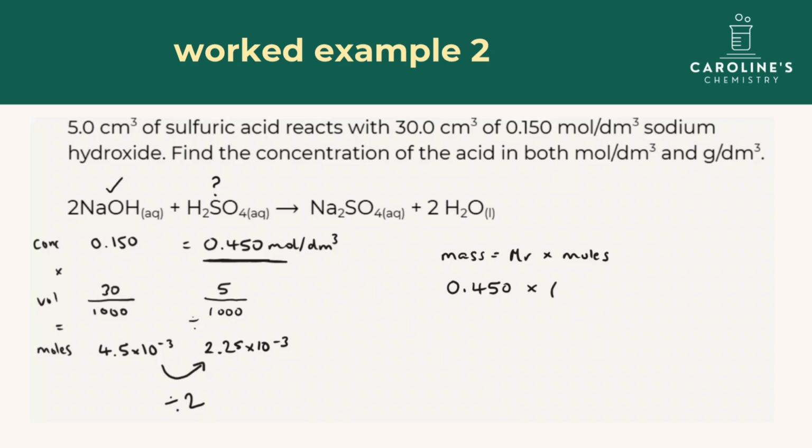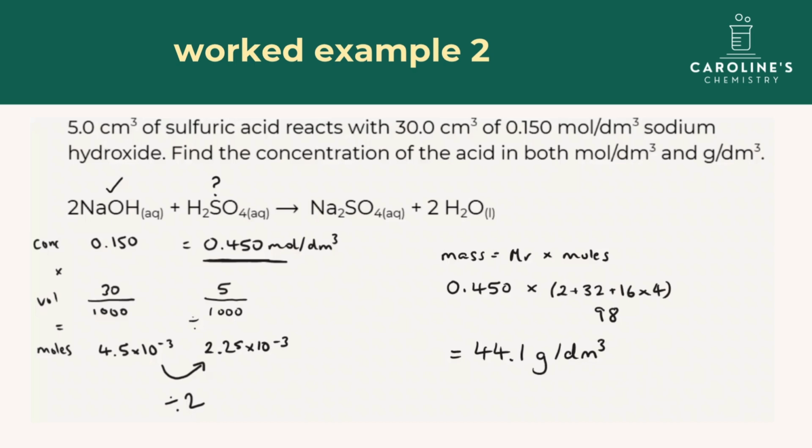So let's use the periodic table to work out that Mr. We have 2 lots of 1 for the hydrogen. We have 32 for the 1 sulfur, and we have 16 times 4 for the oxygen. So that overall Mr is 98. So I do 0.450 times by the 98, which gives us our second answer, 44.1 grams per decimeter cubed.